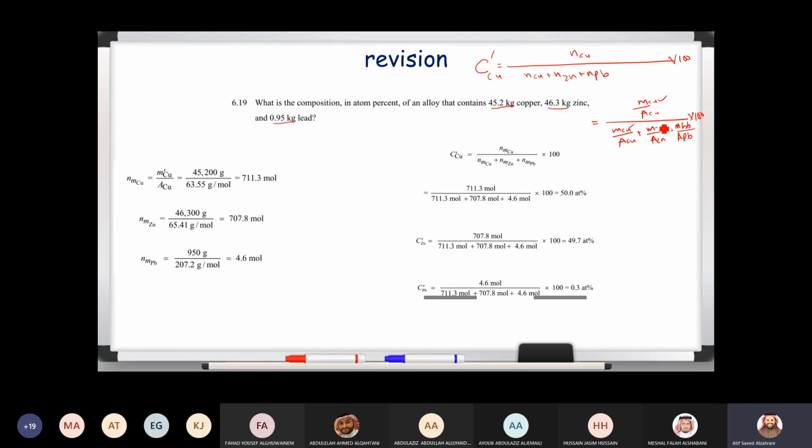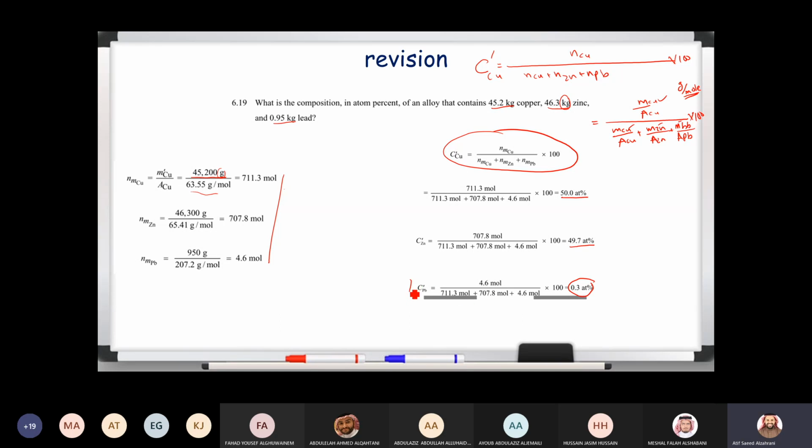So we have the masses, the atomic weight will be given, but just be careful. Usually the atomic weight is given in gram per mole, and here the mass is in kilogram. So you have to convert, okay? So here you see he multiplied by 1000 to convert it to gram, and then he divided by the atomic weight to find the number of moles, and from the number of moles he substituted into this equation here to find copper is 50 atomic percent, and the zinc is 49.7 atomic percent, and the lead is 0.3.